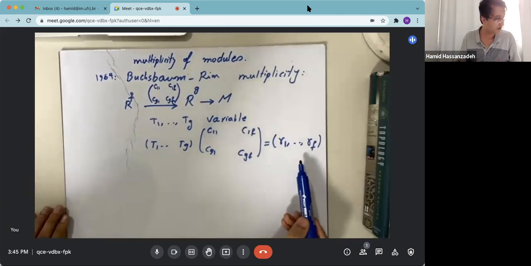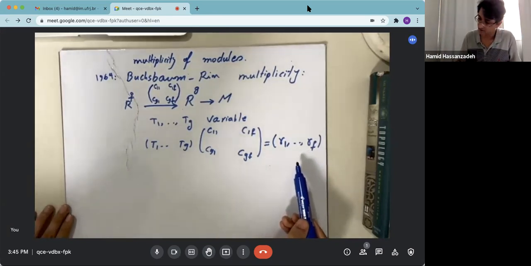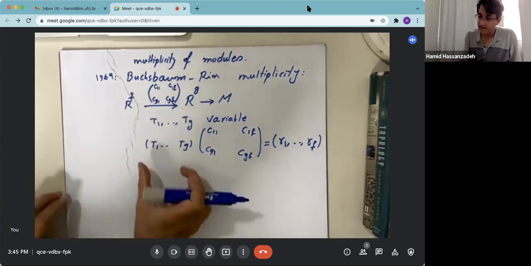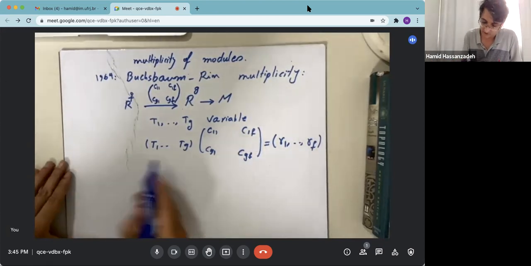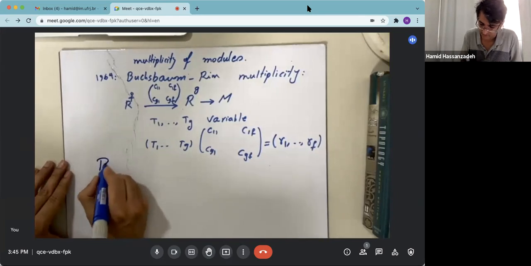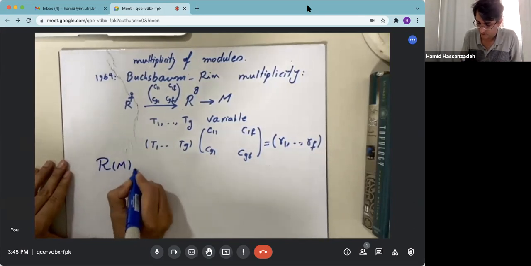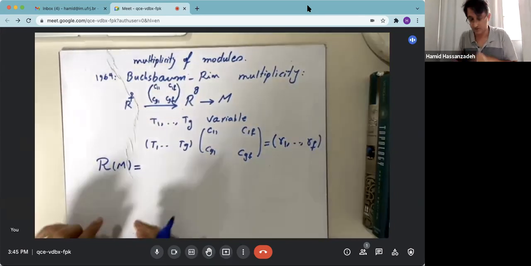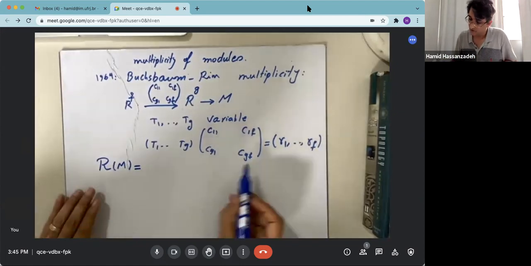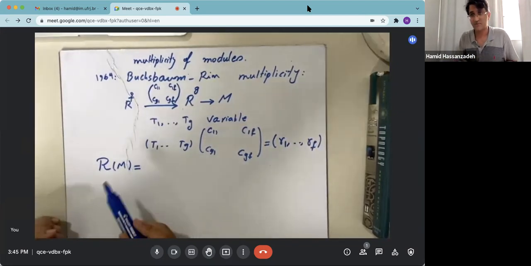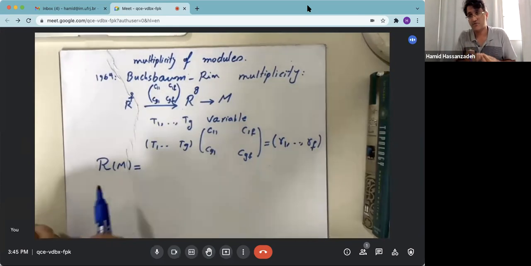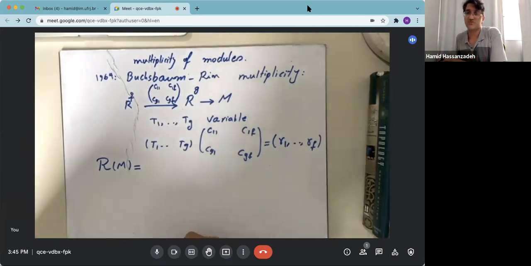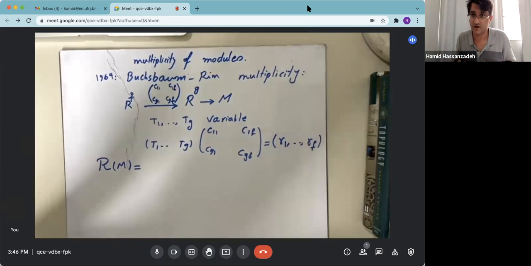Then the idea is to understand the Rees algebra of the module. This is the very first definition by Rees. You know, the Rees algebra of an ideal is the subalgebra of the polynomial extension generated by the generators of the ideal, right?